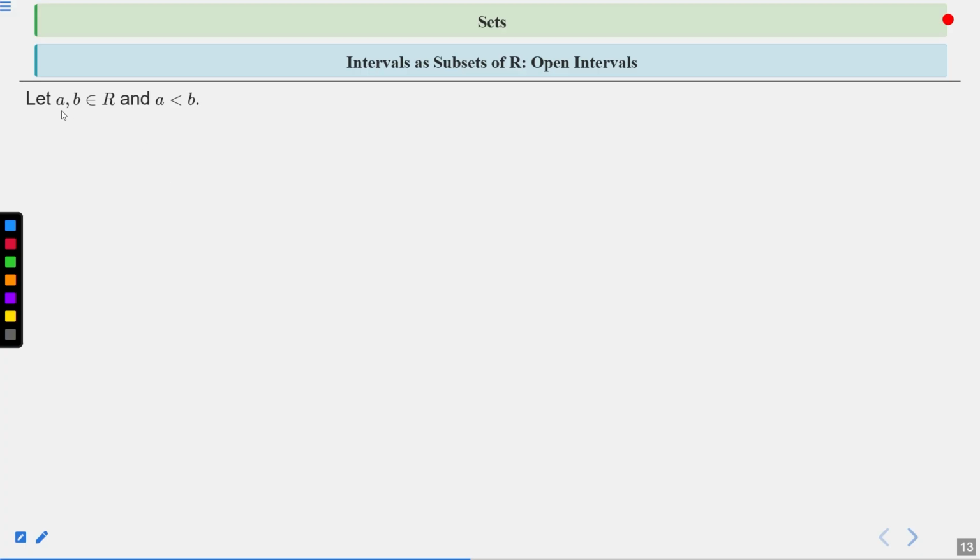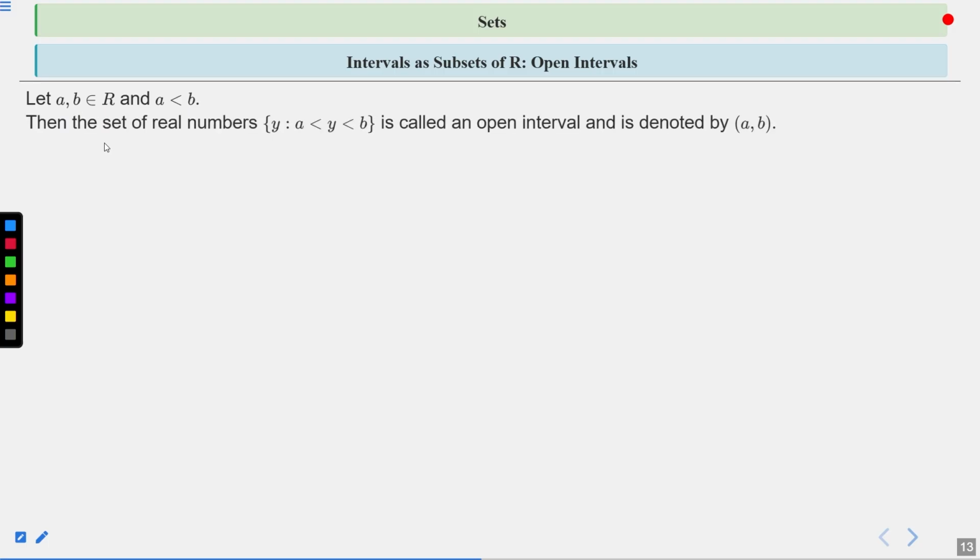First we pick two elements from reals, A and B, such that A is strictly less than B. Then the collection of all real numbers in between A and B. So we are collecting all real numbers in between the chosen A and B. This set will be your open interval, which is indeed a subset of reals and is denoted in interval form as open brackets A comma B. These two open brackets suggest that we are collecting in-between numbers not equal to A and B. Clear?